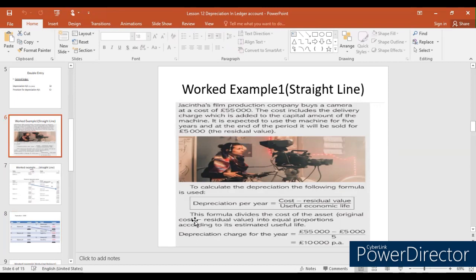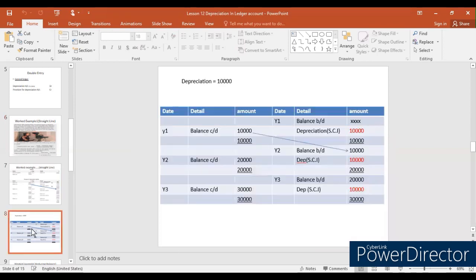We can't calculate depreciation at the beginning of the year. We get information during the year, and at the end of the year you calculate depreciation. I hope you understood that. So at the beginning there can't be a balance. The depreciation amount is 10,000 each year.